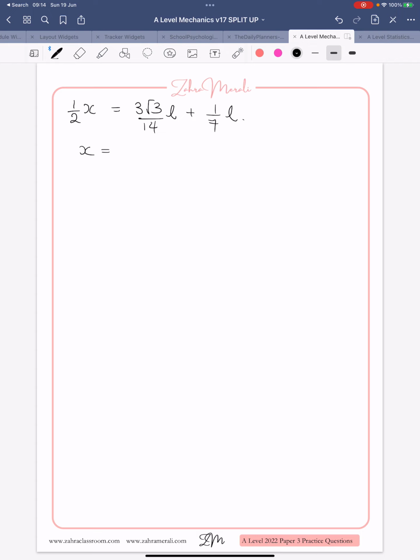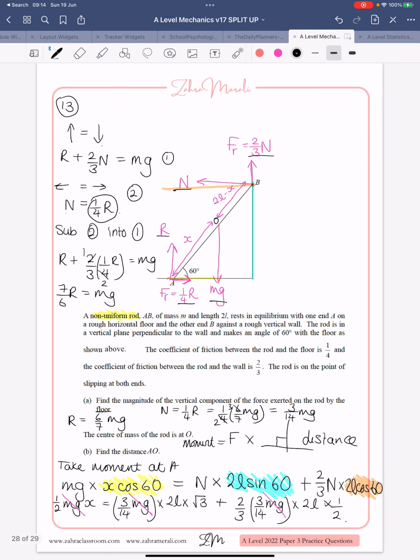We'll multiply everything by 2 to get x on its own, and I'm going to take L outside the bracket in the same instant. And I get (3√3/7 + 2/7) L. And that is your exact distance.